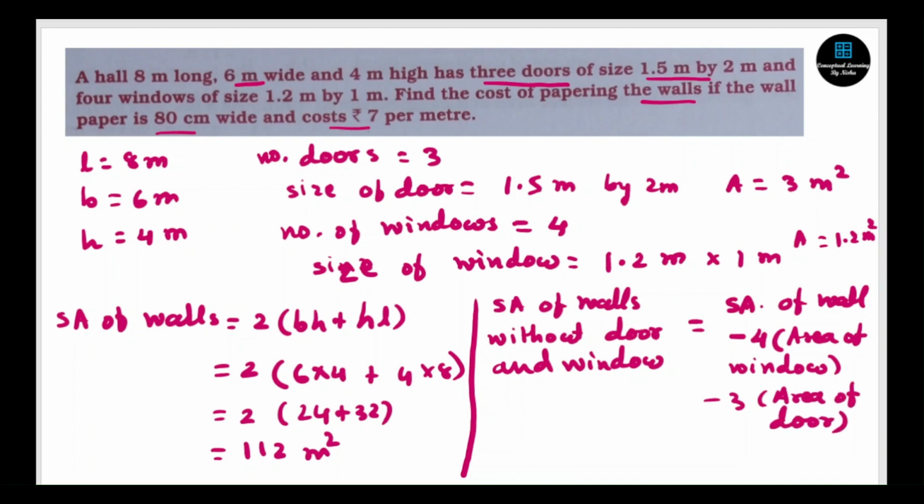So when we substitute all the values, what do we get? 112 minus 4 times 1.2 minus 3 times 3. And when you simplify, you can find the answer for this, right? So it is 98.2 meter square. So we got how much paper is required.